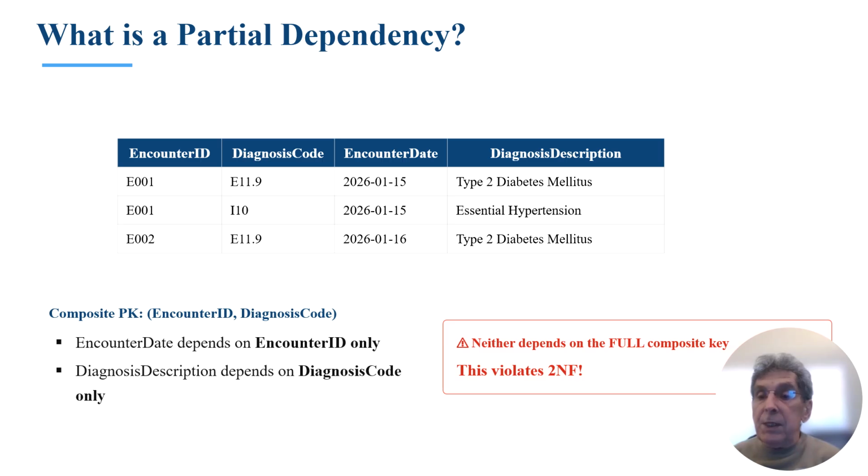Type 2 diabetes mellitus appears twice because E11.9 was diagnosed in 2 encounters. January 15th appears twice because encounter 1 had 2 diagnoses. So if the description of E11.9 changes, say to match a new ICD edition, we'd have to update multiple rows, an update anomaly. This table violates second normal form.